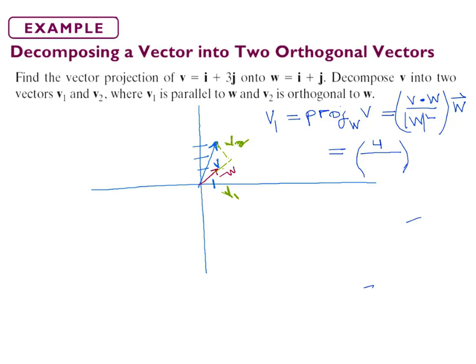How do I find the magnitude of w squared? 1 squared plus 1 squared, which is 2, right?